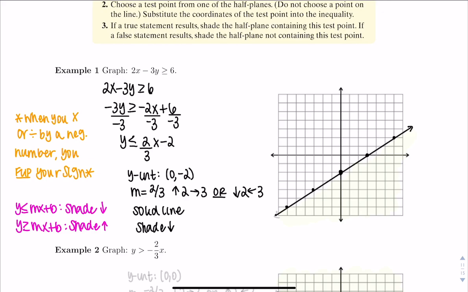We have a solid line, and then we shade below. So anything that is below my line is a solution to my inequality.